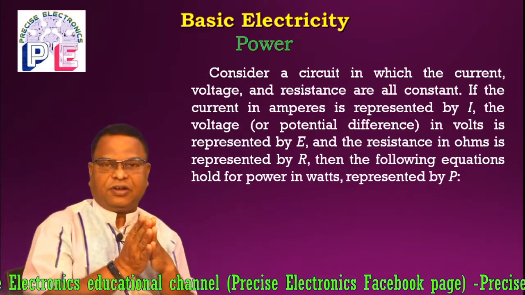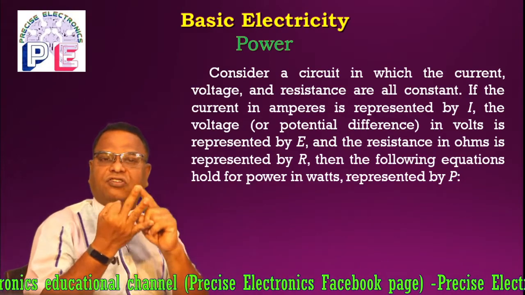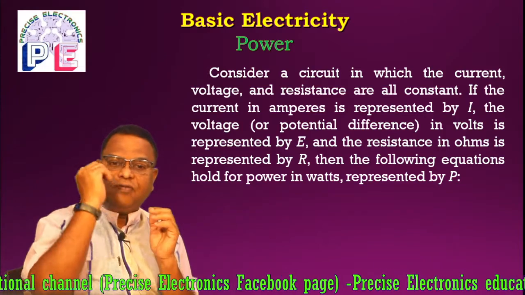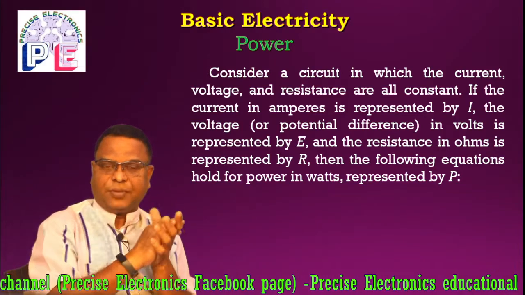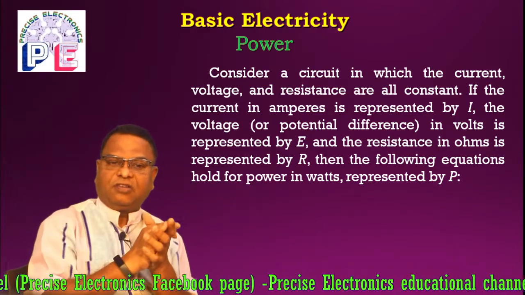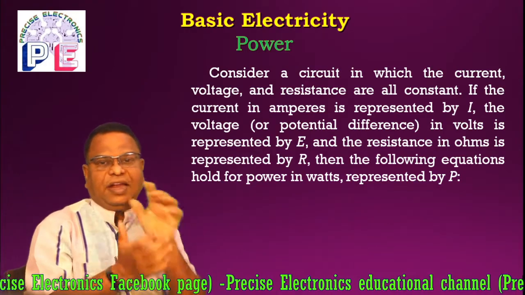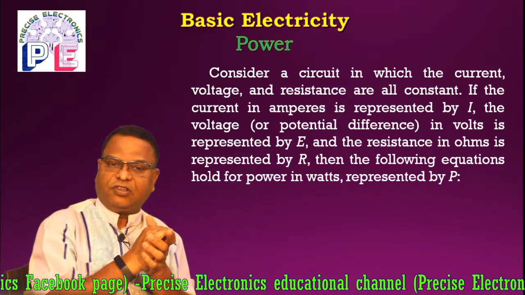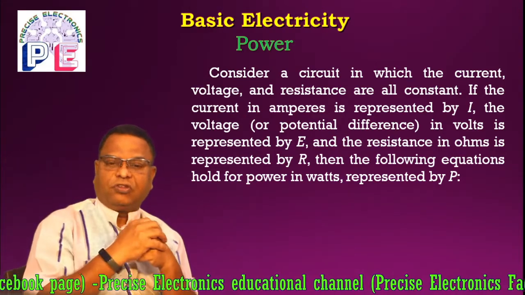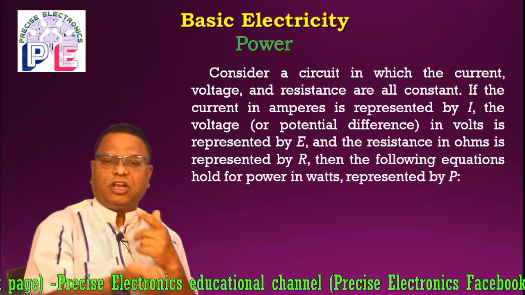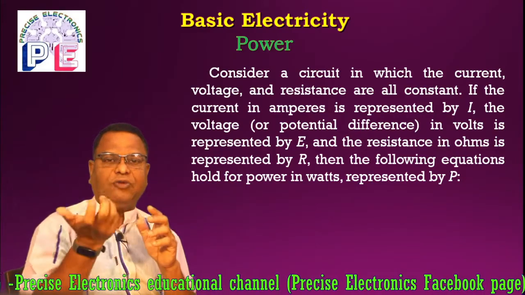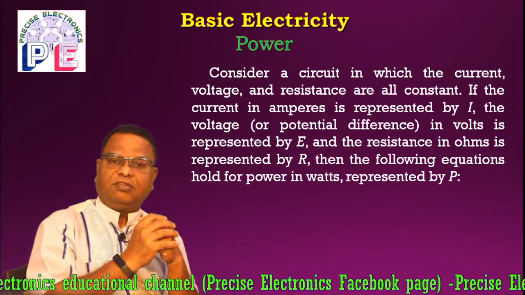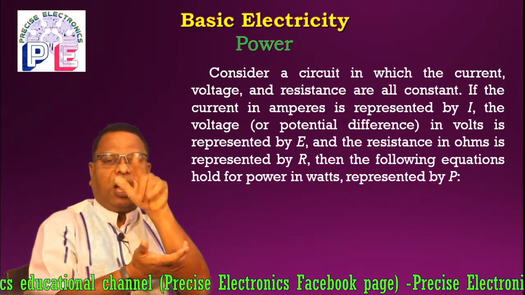If all three parameters are constant: current is measured in amperes and represented by capital I; voltage, also known as potential difference, is measured in volts and symbolized by capital V or capital E; and resistance is measured in ohms and represented by capital R.